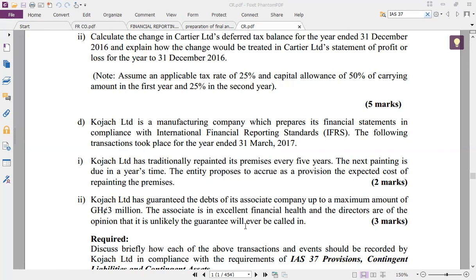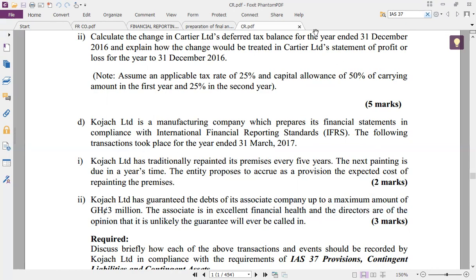So in short, there's a guarantee, but the other company is in excellent financial health. That means they are not going to call this guarantee.